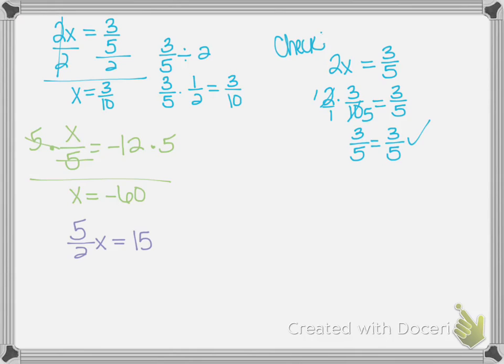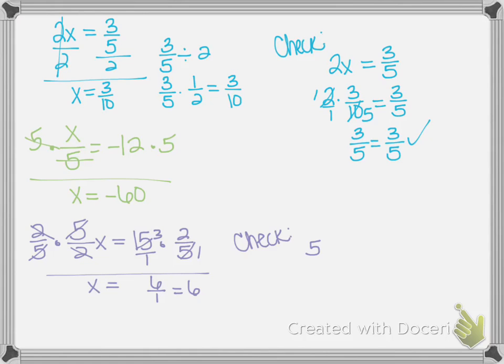So we can just take that left-hand side, and instead of dividing by 5/2, we can multiply by its reciprocal, which is 2/5. Okay, so on that left-hand side, my 2s cancel, my 5s cancel. I'm left with x equals. Then on the right-hand side, if I do some cross-canceling, my 1 and my 15 reduce. I'm left with 6/1, which equals 6.